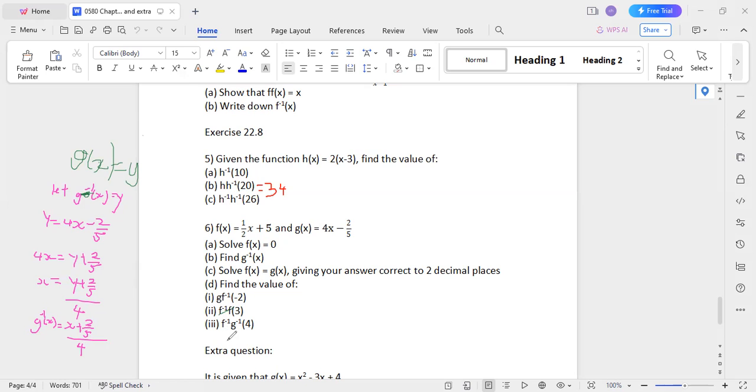So we have only a minute left. How will we find F inverse of x? Make x the subject. Yes. So y equals half x plus 5. You subtract 5 and then you multiply by 2.